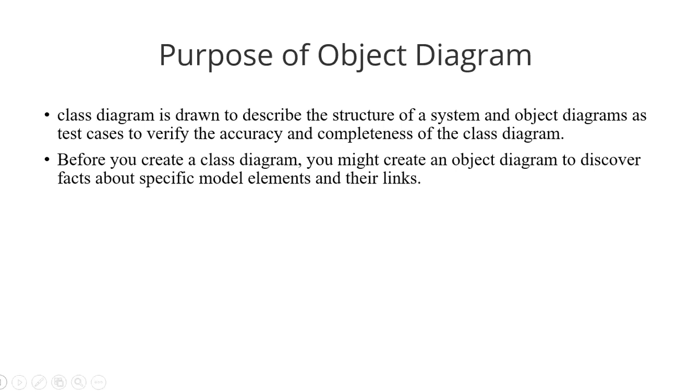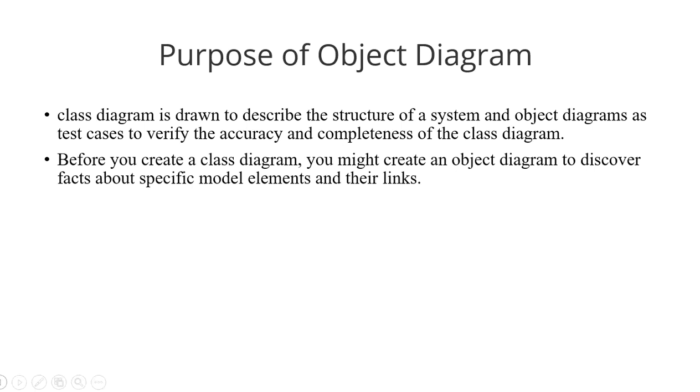Before you create a class diagram, you might create an object diagram to discover facts about specific model elements and their links. But I will clarify this sentence: object diagrams are drawn normally after the class diagram to show the behavior of each object.